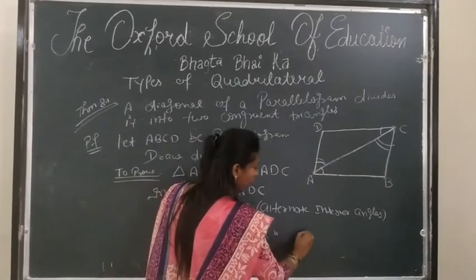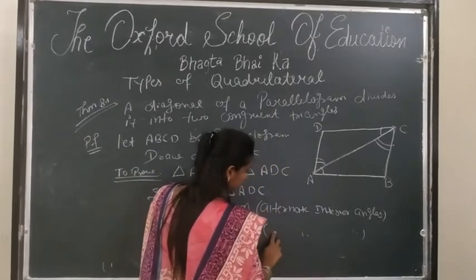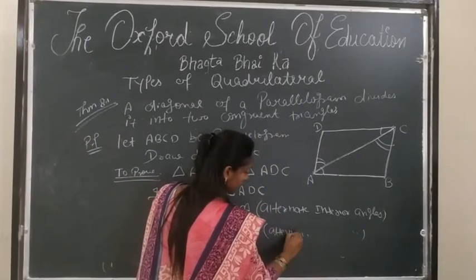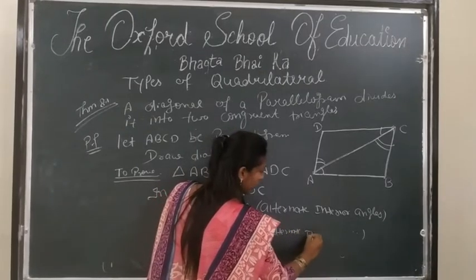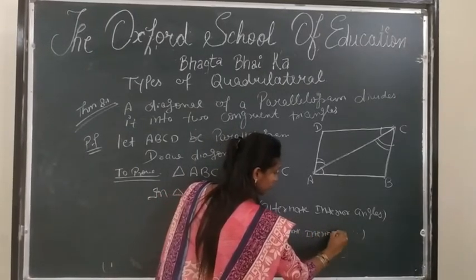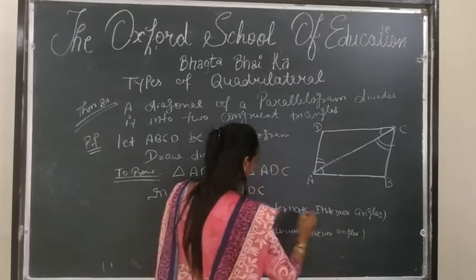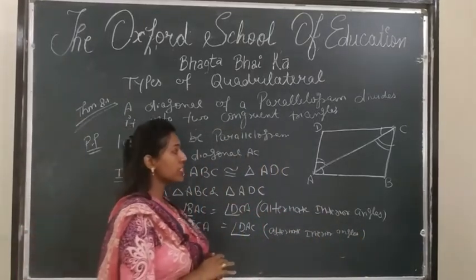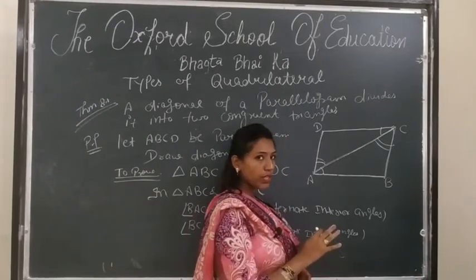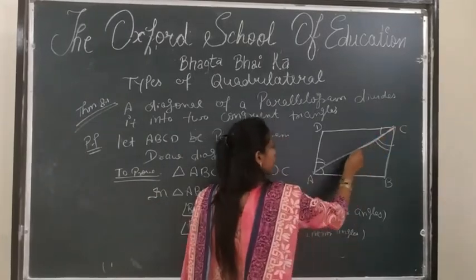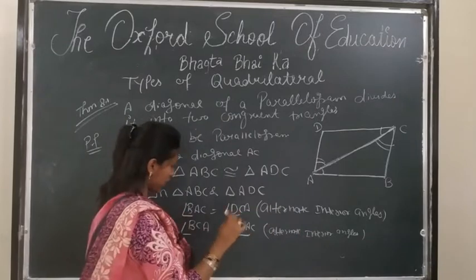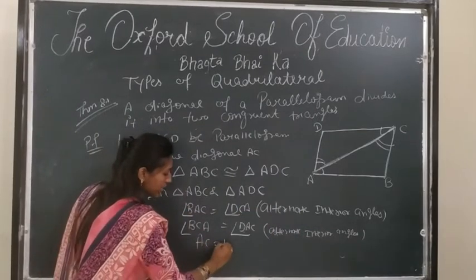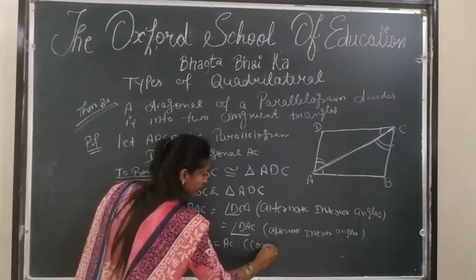Again the same rule, alternate interior angles. So we find two things are equal in the two triangles. Now the third one: observe that side AC is common to both triangles. So AC equals AC, common.